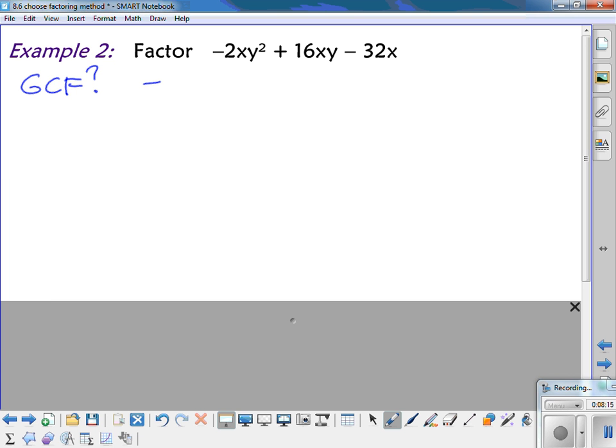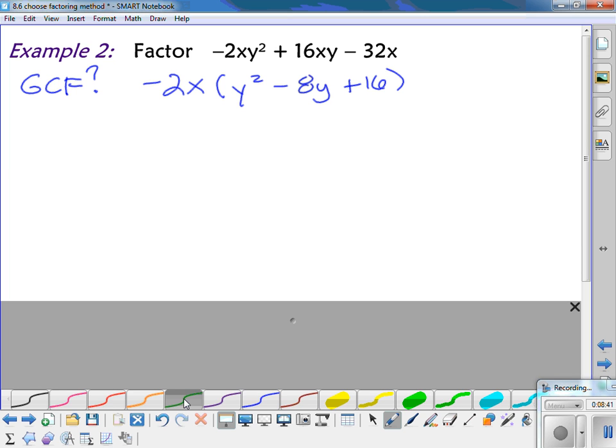Is there a number that goes into 2, 16, and 32? 2 does. And then what about, are there any x's or y's that I can take out? I can take one of the x's out. So now if I take out the negative 2x, I'm left with y squared minus 8y and then plus 16.